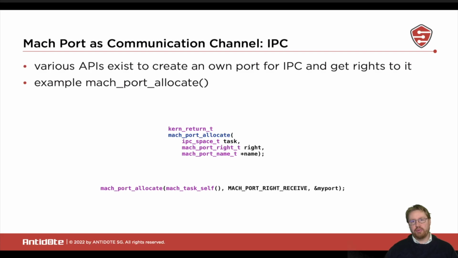One thing that's important to realize here is that even if you forget this port name number, it is still inside your IPC table, and so you still have access to it even if you accidentally lose this number. So the moment you guess this number right or brute force this number, you would then be able to send a message to this port again. This is important to realize because it is also one of the reasons why the gen count is a security feature.